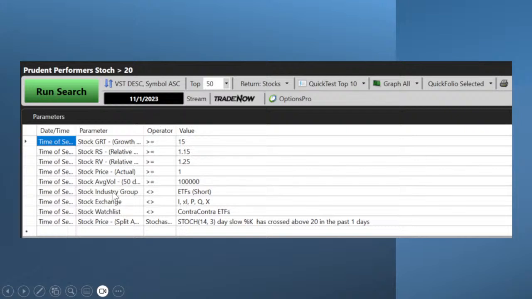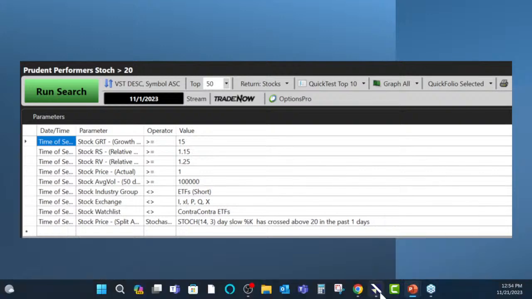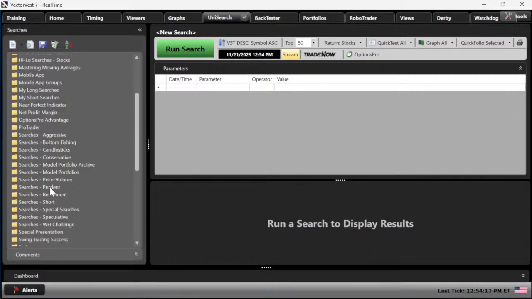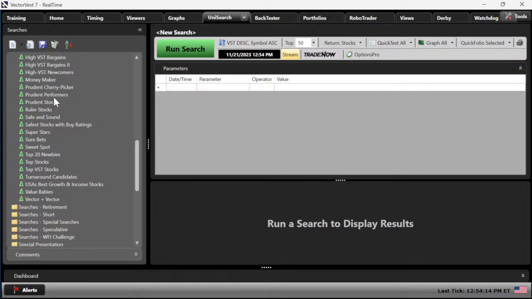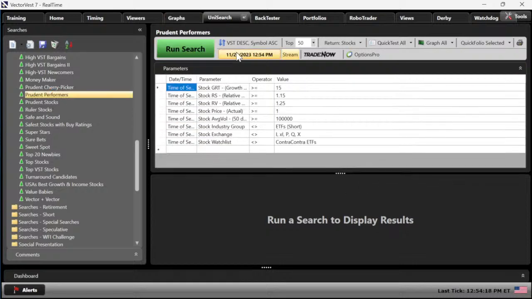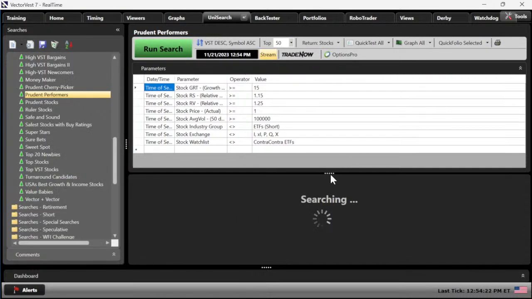Look at the parameters here of our prudent performers search. This is in the strategies prudent folder in the Unisearch tool. If I go into the program, into strategies, prudent, prudent performers, there it is, there are the parameters. If I run that search as of right now, we're going to find NVIDIA at the top probably.